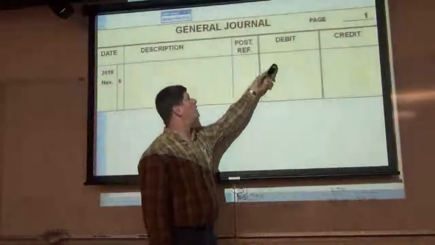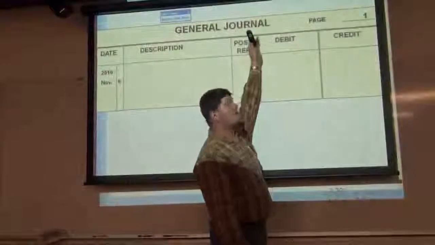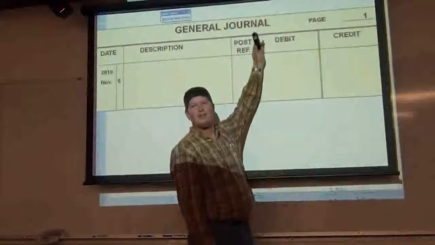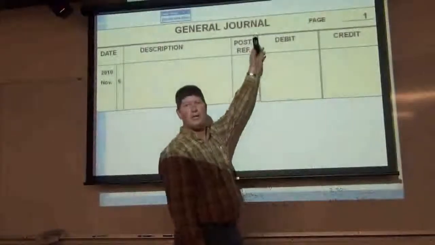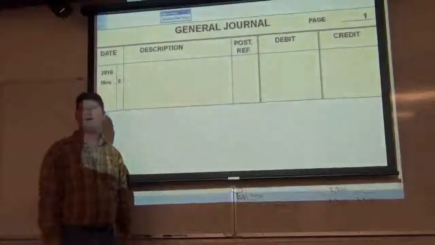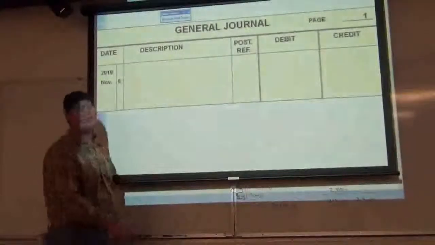Let that go for now. And then debits and credits. So if you stop and you focus on this side of it, what does it look like? T account. Right? There's an old friend. So this shouldn't be too scary. All we've got is a date and a description to go with our T account now. Good? So we're going to list every transaction in order.